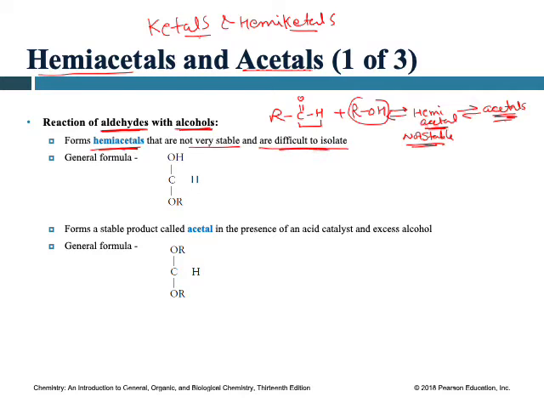So when the reaction goes through hemiacetal, it can come back to its original reactants, aldehyde and alcohol, or if we have enough alcohol, this hemiacetal is converted into an acetal, which is a stable one that you can isolate. So depending on the amount of alcohol that can react with an aldehyde, you can have acetal or you can have hemiacetal.